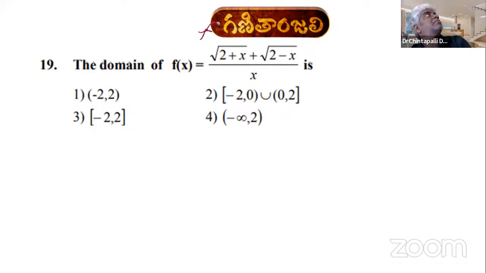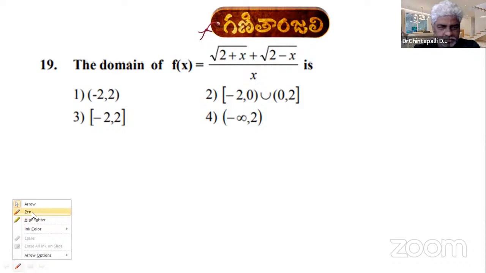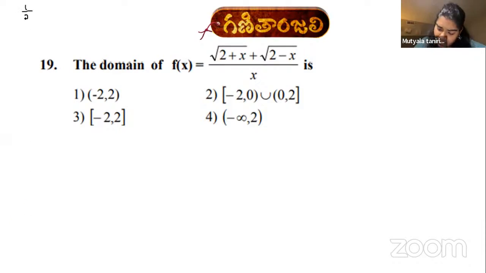Let's think about this. There are 3 parts in it. The first formula: x should not be equal to 0. Very good.